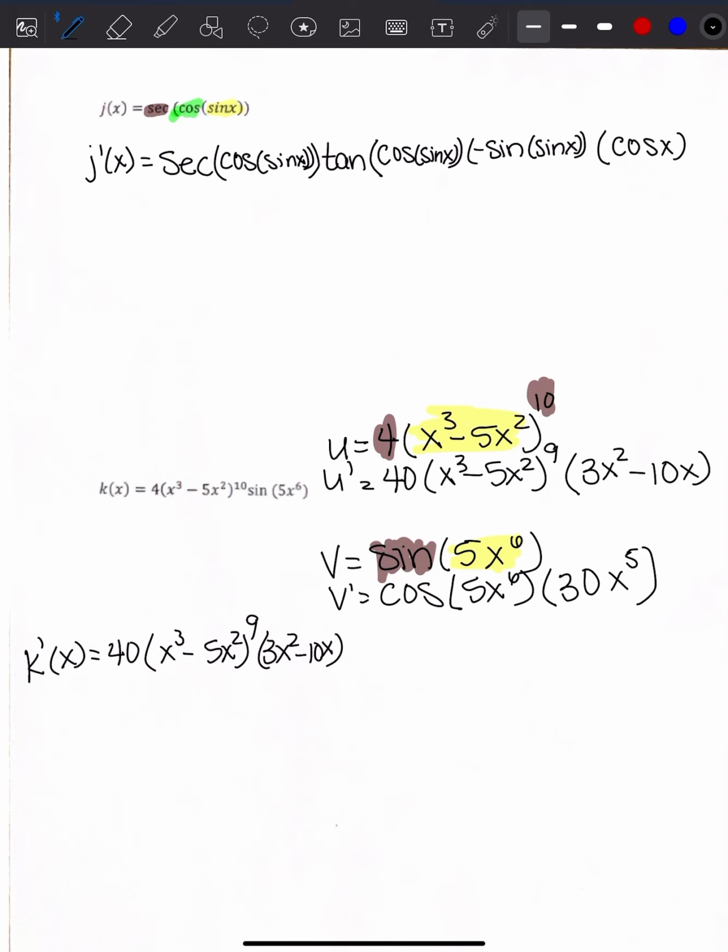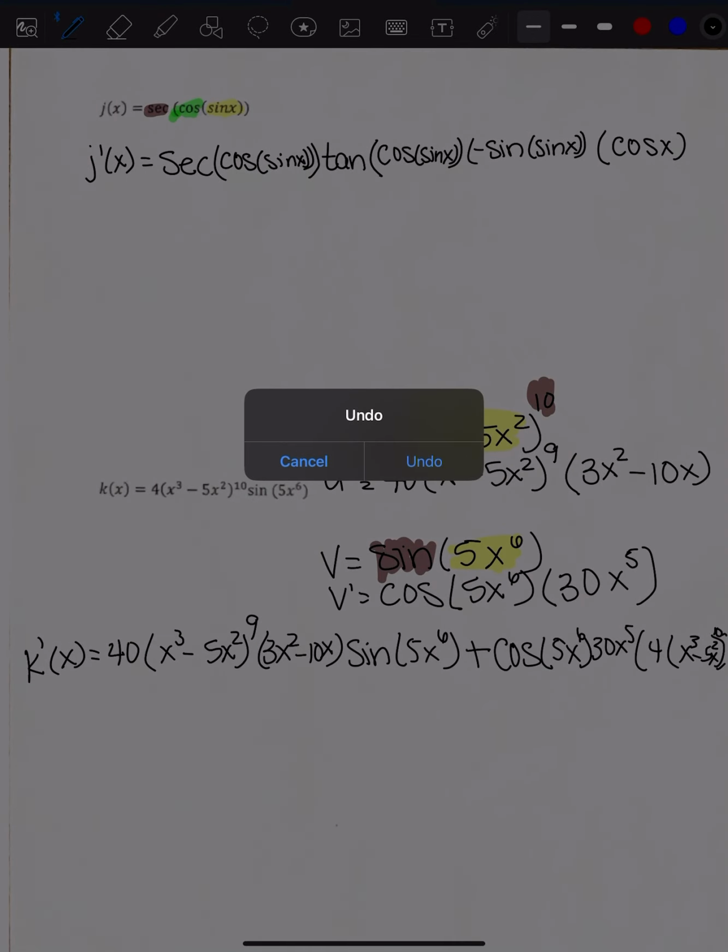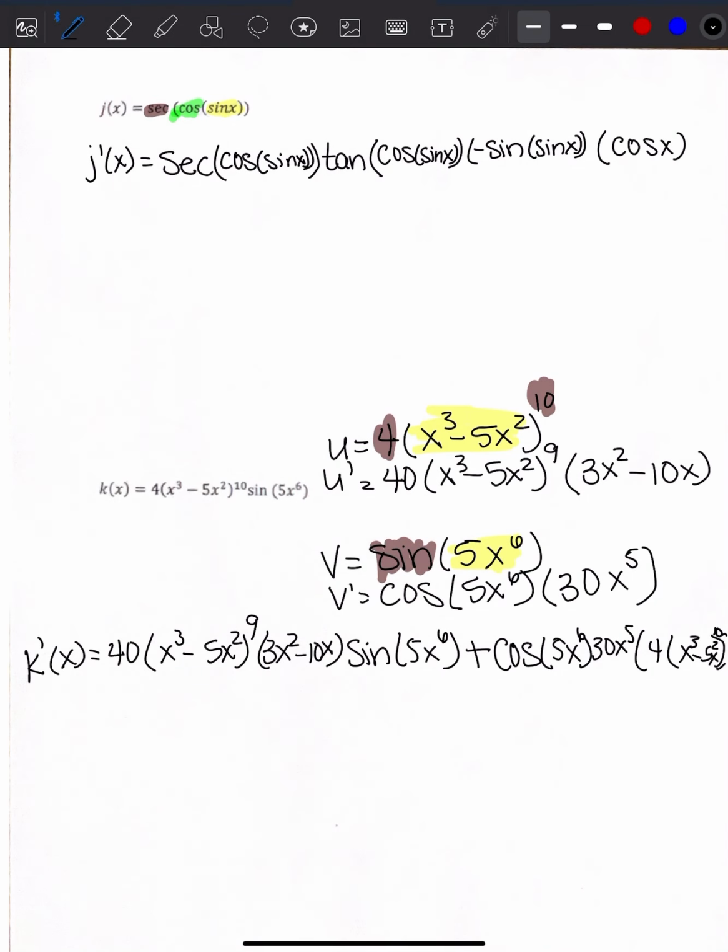We're going to multiply that by v, sine of 5x to the 6th, plus v prime times u. So the biggest thing here is just the amount that we have to write.